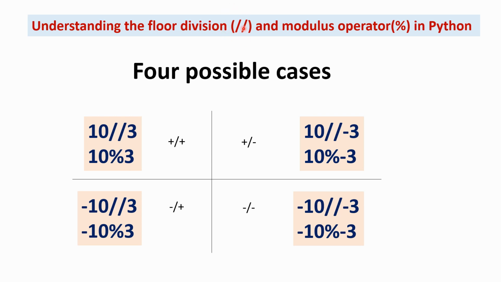And the modulus, you already know. I'll not come to the modulus because once you know the float division very clearly, automatically the modulus is easier to understand. But the problem arises when it is a combination of positive and negative numbers. There it becomes a little difficult to understand.